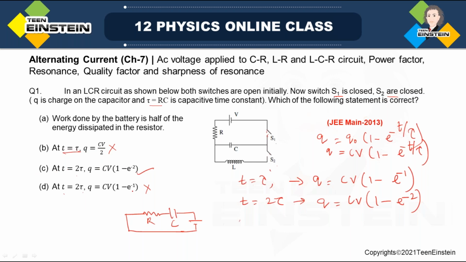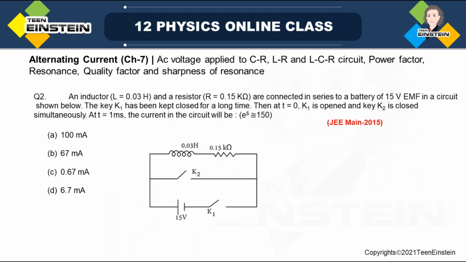So this is the correct answer for this question, option C: at t is equal to 2 tau, Q will be equal to CV into 1 minus e to the power minus 2. The statement that work done by the battery is half of the energy dissipated in the resistor is not actually true. All right, we'll go to the next question.